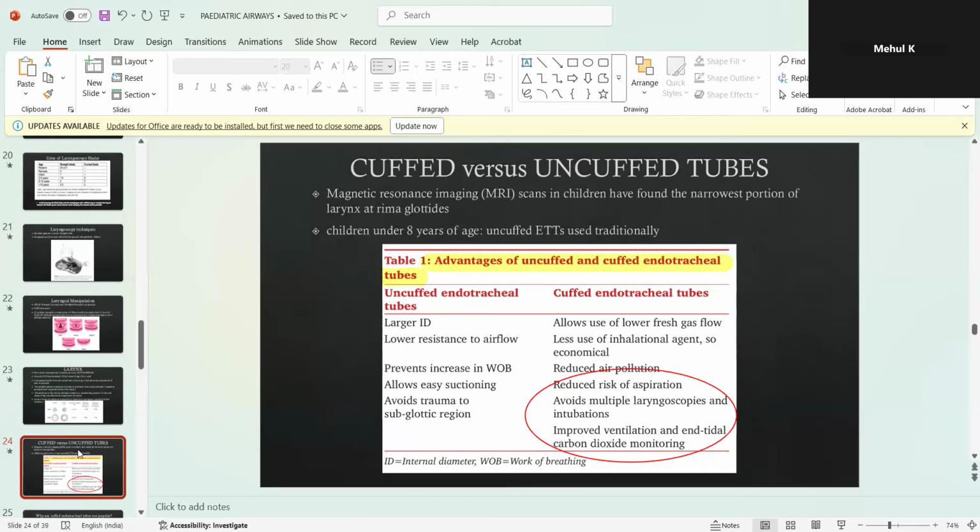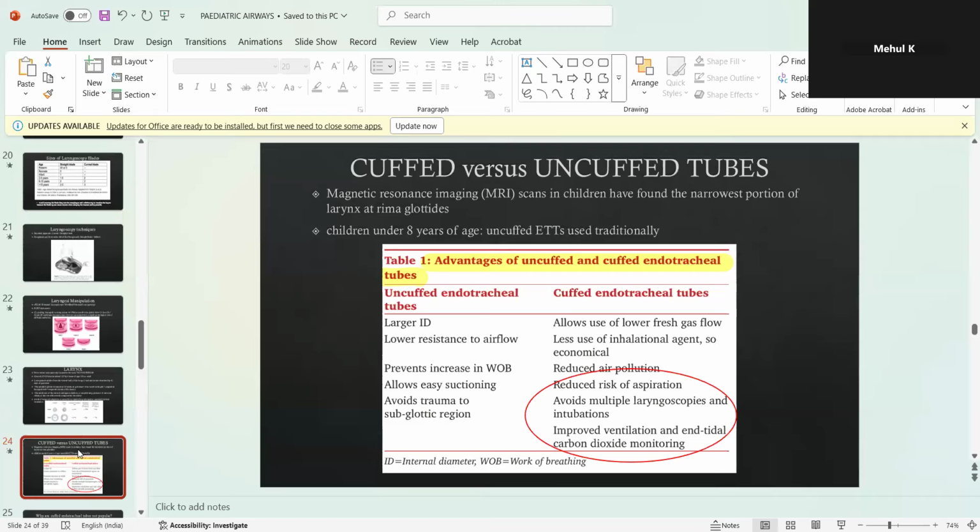Cuffed tubes are actually much better compared to uncuffed tubes, especially because from MRI images of children, they have found that the narrowest portion of the larynx is at the rima glottis. It's not at the cricoid. So all of your airway management plan shouldn't revolve around the cricoid.